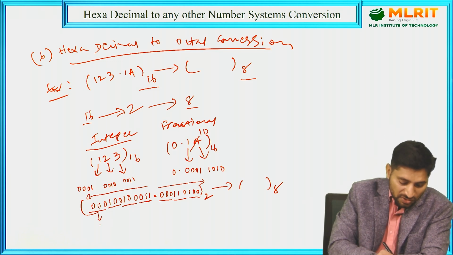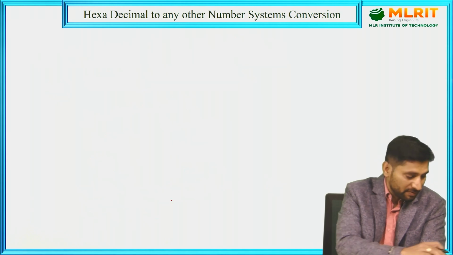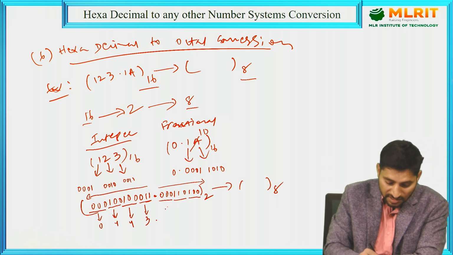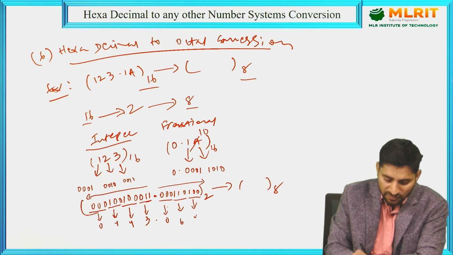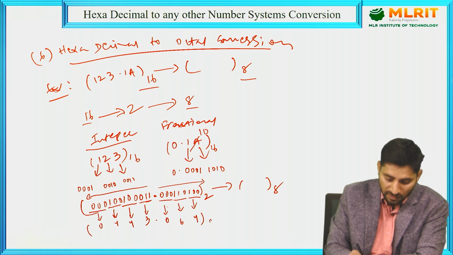So 0 0 0 is 0, 1 0 0 is what? It is 4, then 1 0 0 again it is 4, then 0 1 1 it is 3, dot. This is 0, this 1 1 0 is 6, and 1 0 0 is 4. So now it is converted into octal.